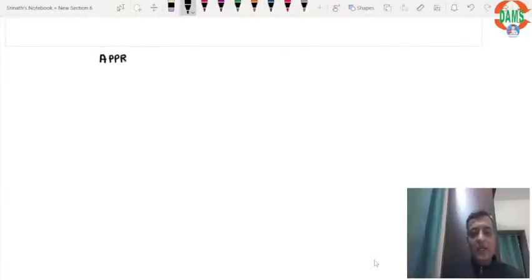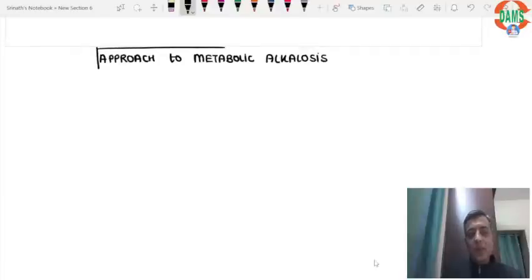Let us start at the top. This is the targeted flowchart we want to learn, the approach to a patient with metabolic alkalosis.